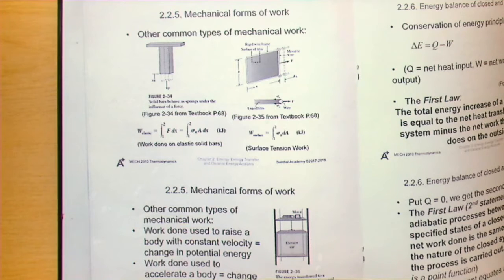Okay, if the force is not large enough, we can use the similar method for the linear elastic spring to find out the expression for the work. Okay, so we can use the same method for obtaining the spring work to obtain the work done on the elastic solid bars. Alternatively, we can also use normal stress, that is the counterpart of pressure in solids, to obtain the work done.